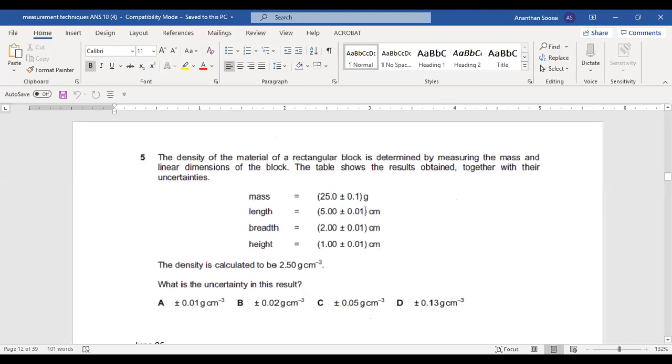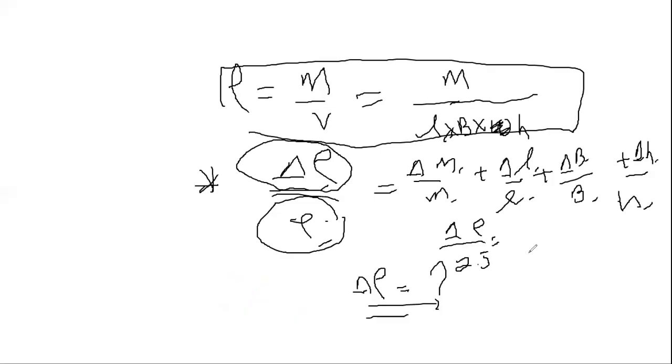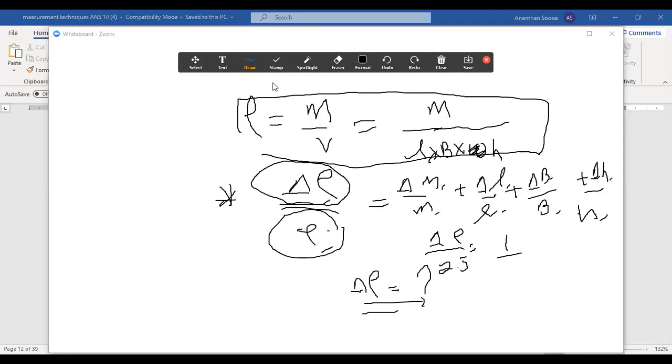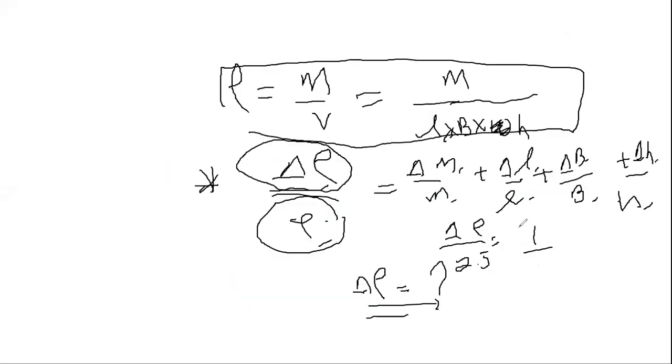Sorry. So mass is what? 1 over 25, right? Quite forgetful. 0.125. So this is 0.125 for the mass.